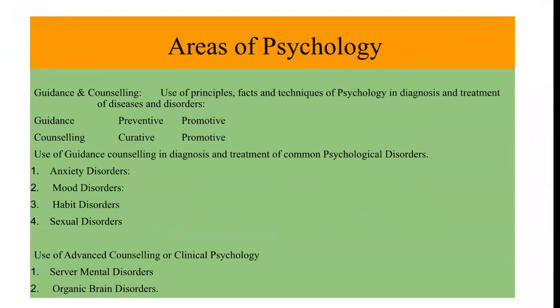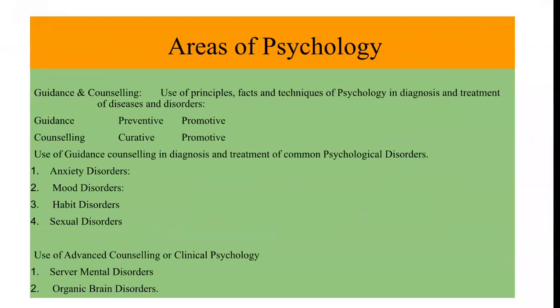The third category is habit disorders. Habit disorders comprise two types of addiction: the stimulants like cigarettes, tea, coffee, and the depressants like alcohol and drugs. The fourth category is sexual disorders, where counseling helps a lot, as for example in female frigidity and in male erectile dysfunction or impotency.